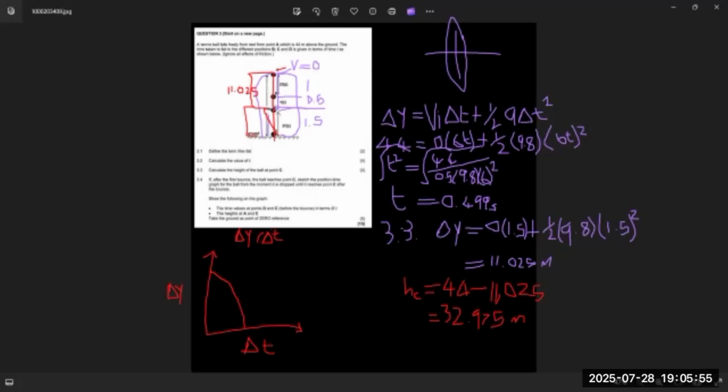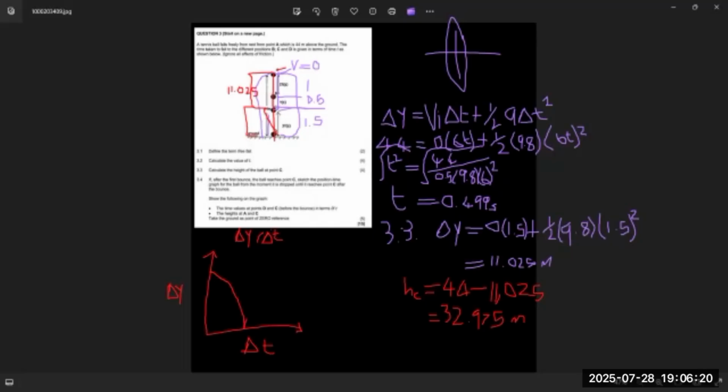That shows that from C to D, the ball was moving much faster than from A to B. So the gradient is steep, showing that the change in displacement decreases at a rapid rate. From here, the ball was said to bounce.